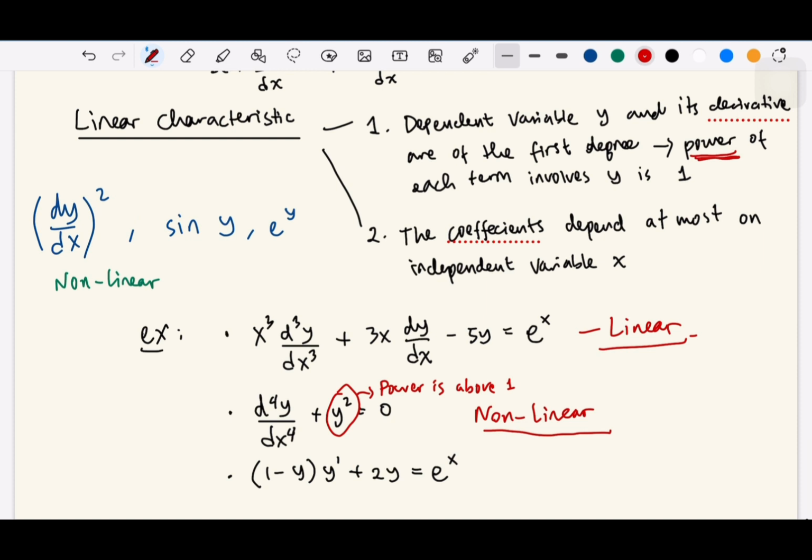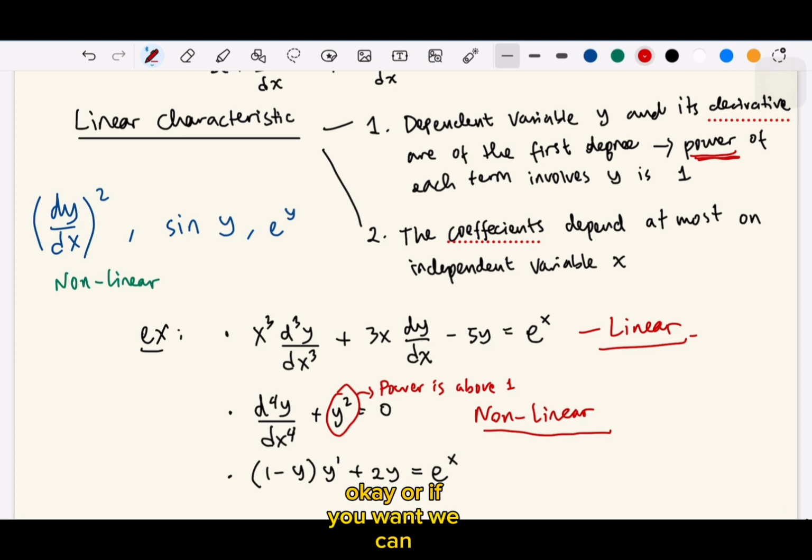And the last part, this makes it nonlinear. Why? Because the coefficient should depend on x. This is x, so it's okay, but this is y, so that makes it nonlinear.